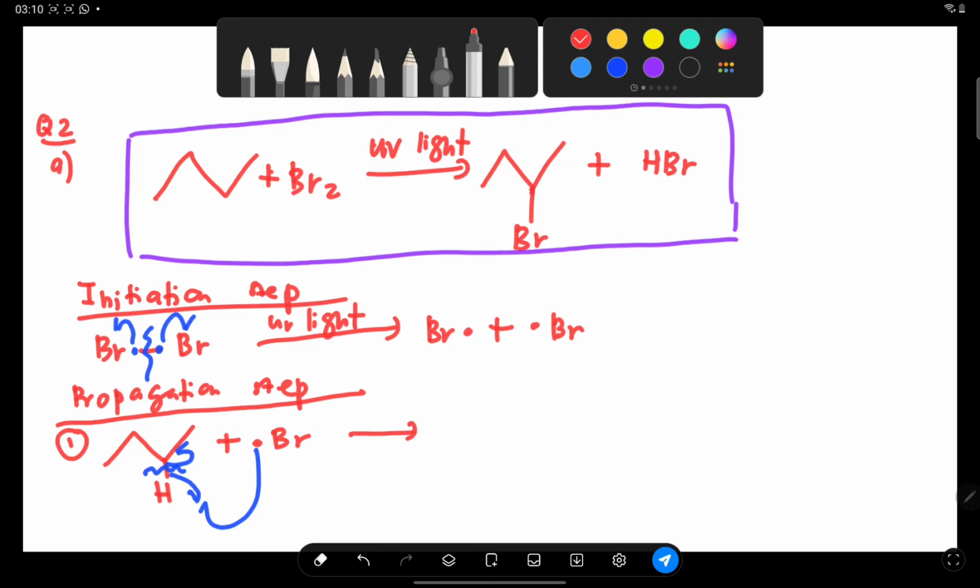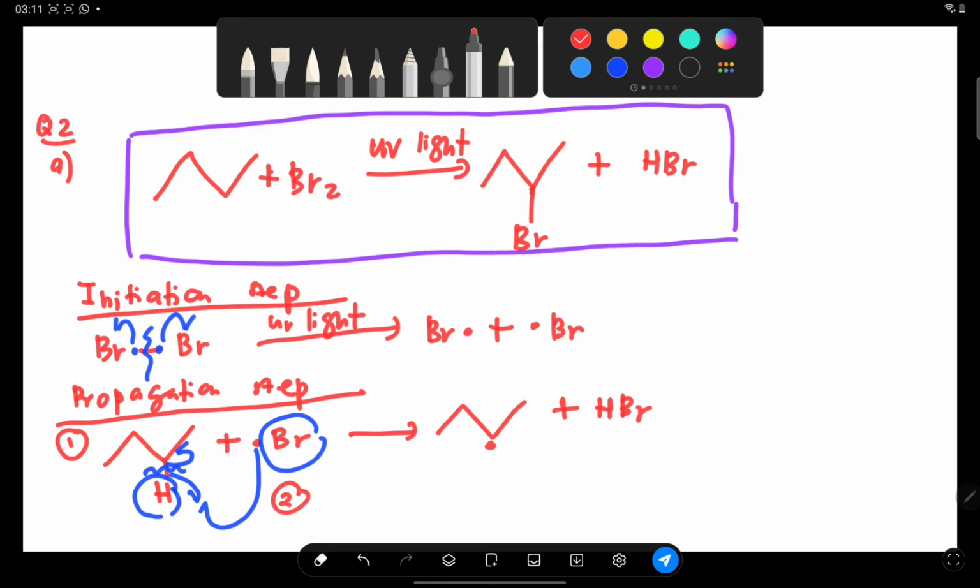When the hydrogen is lost from this carbon, it becomes a radical, and the hydrogen combines with bromine to form hydrogen bromide.